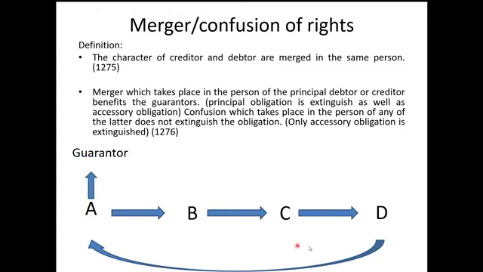Kasi pag nag-merge yung obligation dito kay A, the principal obligation extinguished, it follows that the accessory contract of guarantee is likewise extinguished. Pero kung halimbawa, A to B, then B to C, then C to D, bumalik or nag-merge siya, hindi kay A, but rather sa guarantor. It will benefit only him. That's why only the contract of guarantee is extinguished, but not the principal obligation.